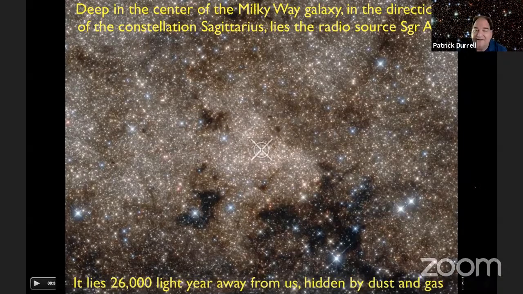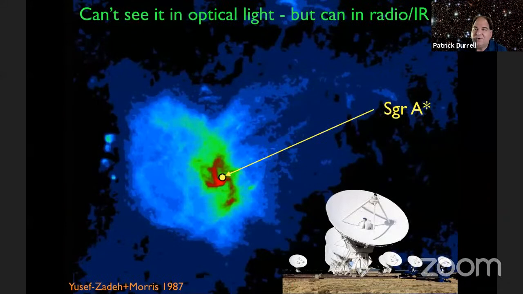Now, this is an older radio image using a radio telescope, such as the Very Large Array in New Mexico. This is a radio image of Sagittarius A, this whole complex. But with higher resolution, people said, wait a minute. I just put a circle there to show where it is.